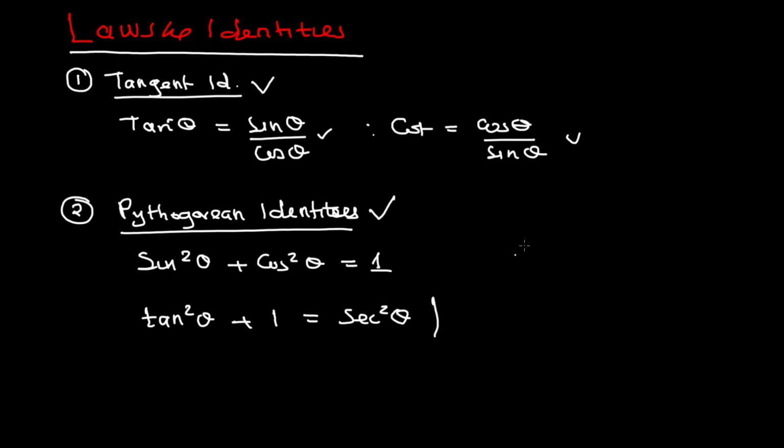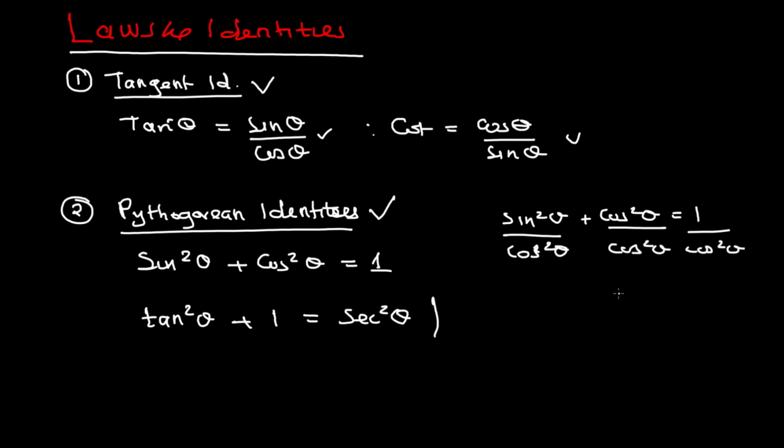We just come up with this by dividing the first identity, sine squared theta plus cos squared theta is equal to 1, by cos squared theta, here, here, and here. So this is the same as sine theta squared over cos theta squared, so that's sine theta over cos theta to give us tan. So hence we have tan squared theta.